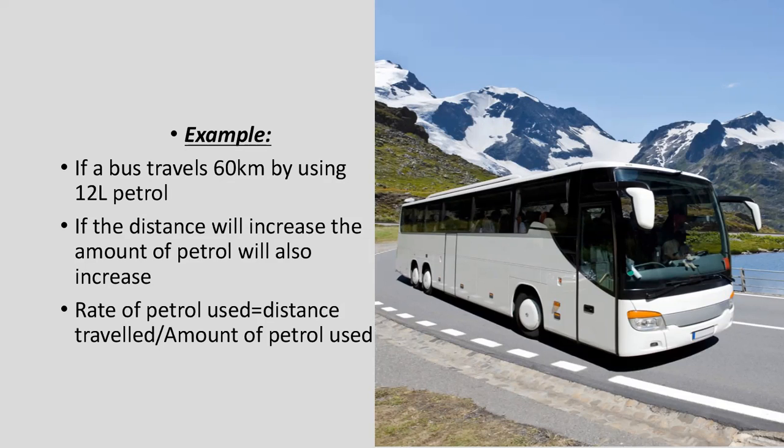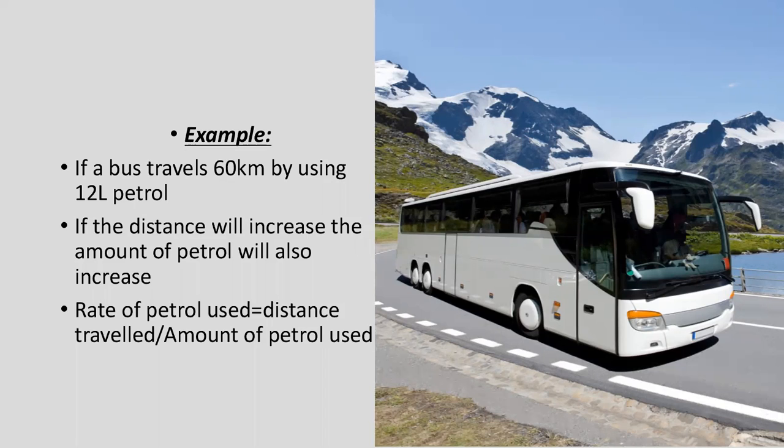Once again, I would like to revise that if the bus is going up to 60 kilometers and it utilizes 12 liters of petrol, then if the bus will go more distance, or if you want to increase the distance, you have to increase the amount of petrol also.